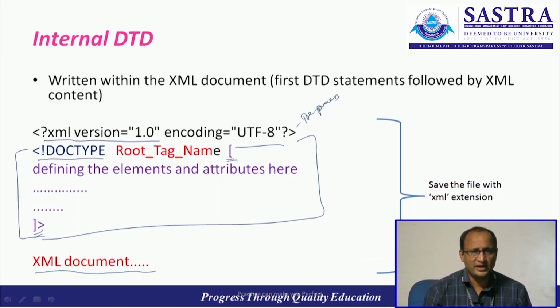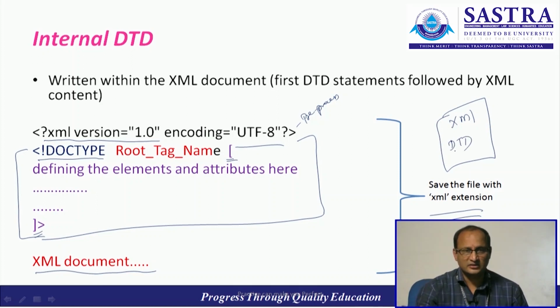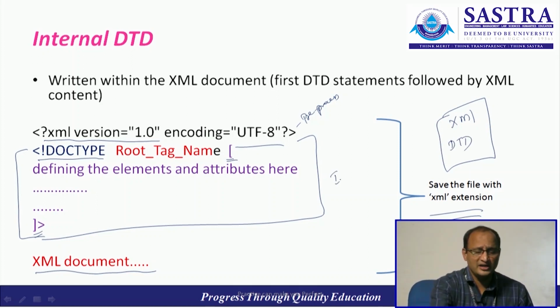Finally, the file should be saved with .xml extension. It is important. Why? Because it is the XML document which is having the document type definition. So here within the XML document, we have written DTD, so this DTD is called internal.